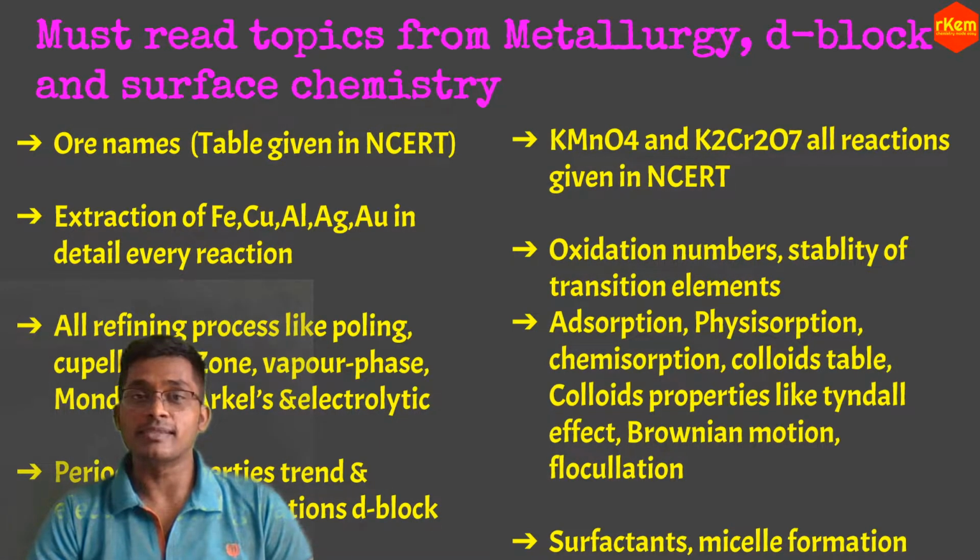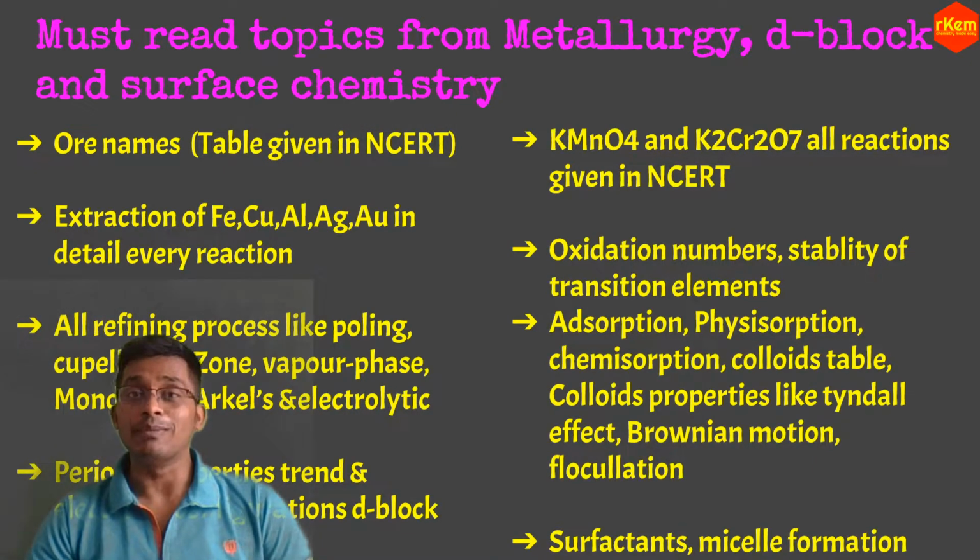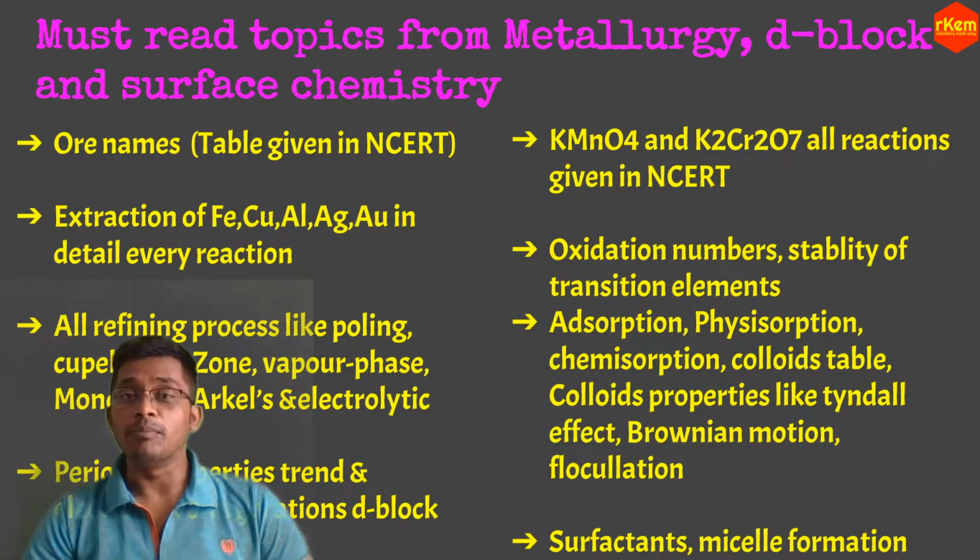All refining processes like poling, cupellation, zone refining, vapor phase, Mond's, Van Arkel's process, and the periodic properties trend in D block like ionization energy, electronegativity. These orders, and KMnO4, dichromate, all preparations and reactions, oxidation numbers and stability of transition elements, of course.